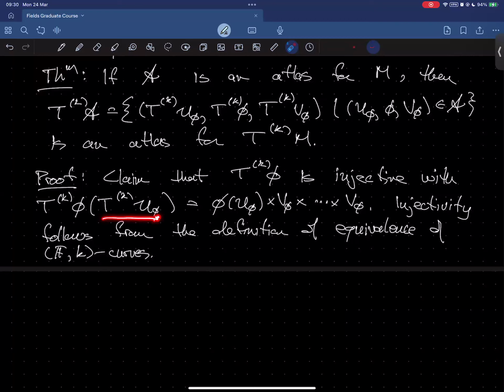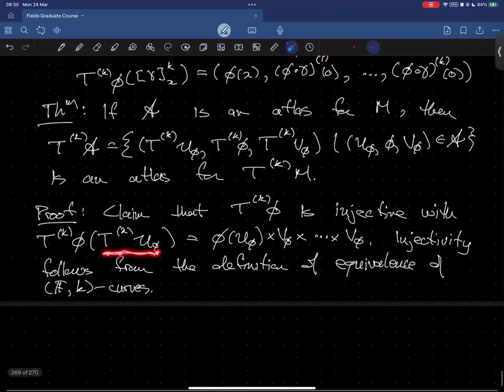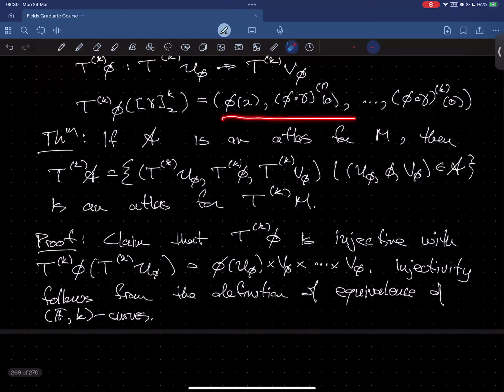From the definition of T^k phi, you can see that if two curves have the same image under T^k phi, then they're going to be equivalent, so therefore they had to be the same curve. Okay, so that's injectivity.